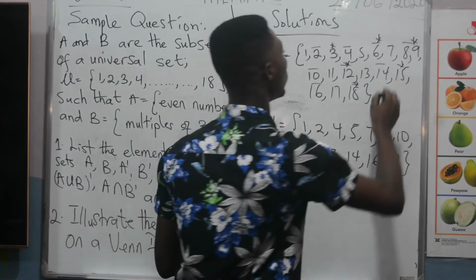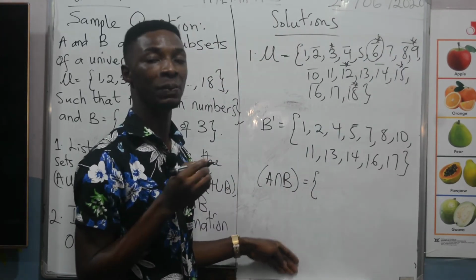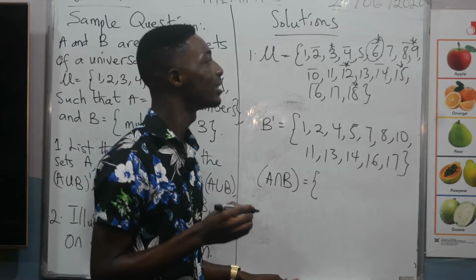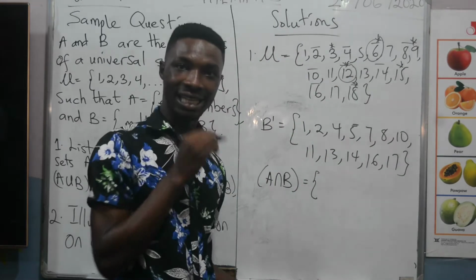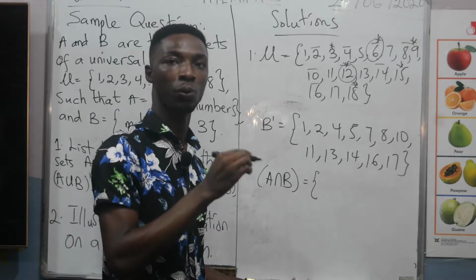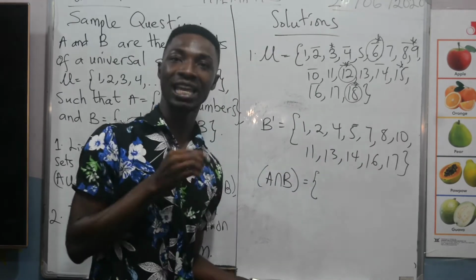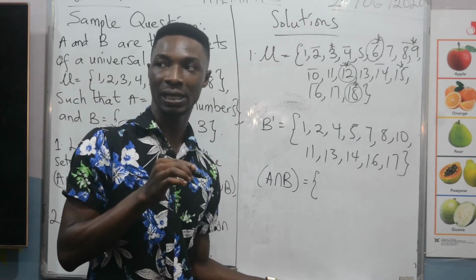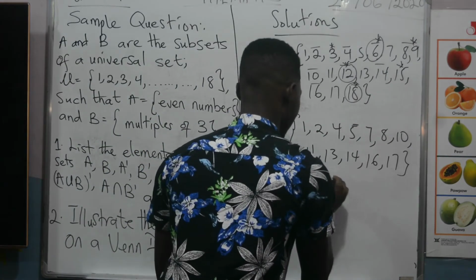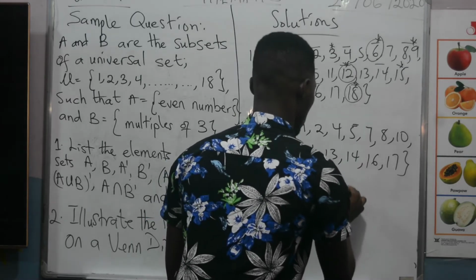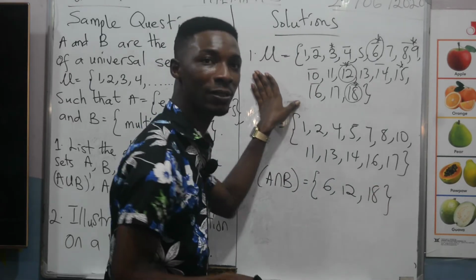So we saw 6 in A and at the same time in B. It's a multiple of 3 and it's an even number. We saw 12 is an even number and a multiple of 3, so it belongs to both A and B. Then we saw 18, which is also an even number and at the same time a multiple of 3. So it can be found in both A and B. So we write these elements here: 6, 12, 18.